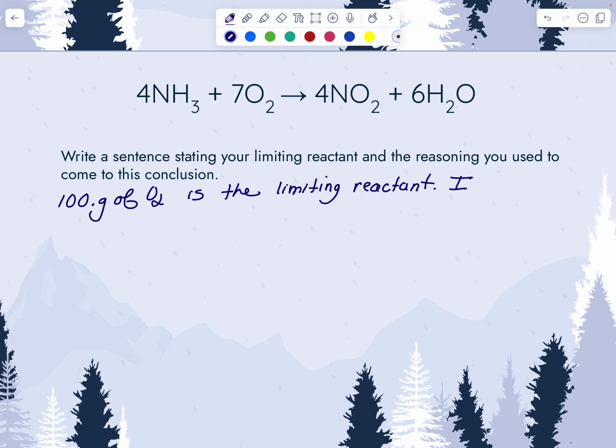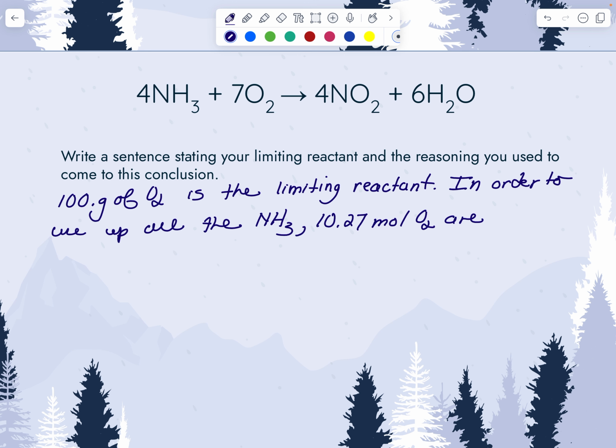Right? And then I think about, how did I logically come to that conclusion? Well, in order to use up all the ammonia, NH3, 10.27 moles of oxygen are needed.